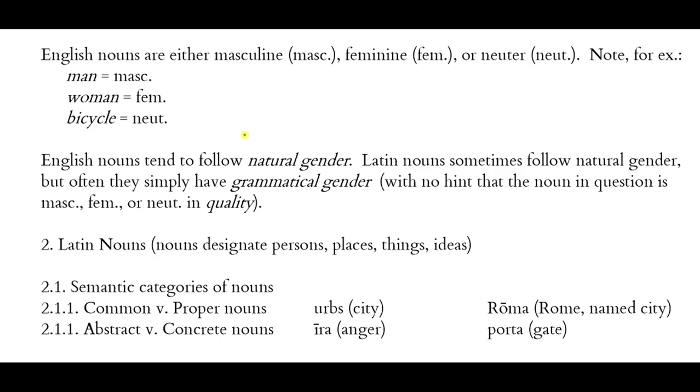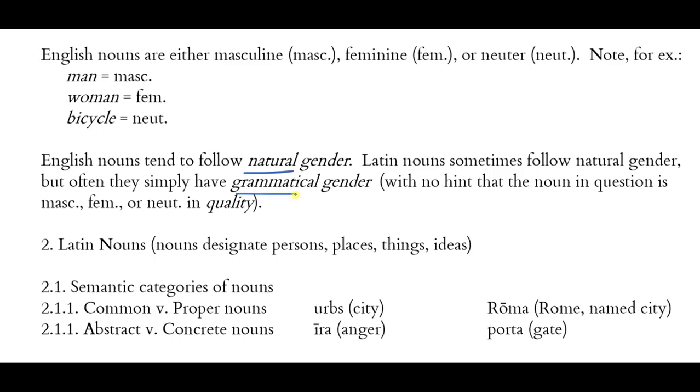English nouns tend to follow natural gender. So if something has a natural or biological gender, then that will be its grammatical gender as well, typically. Latin nouns sometimes follow natural gender, but often they simply have a grammatical gender.